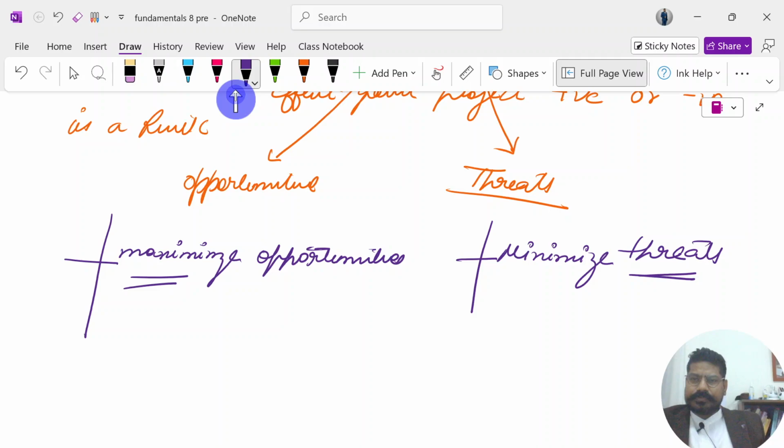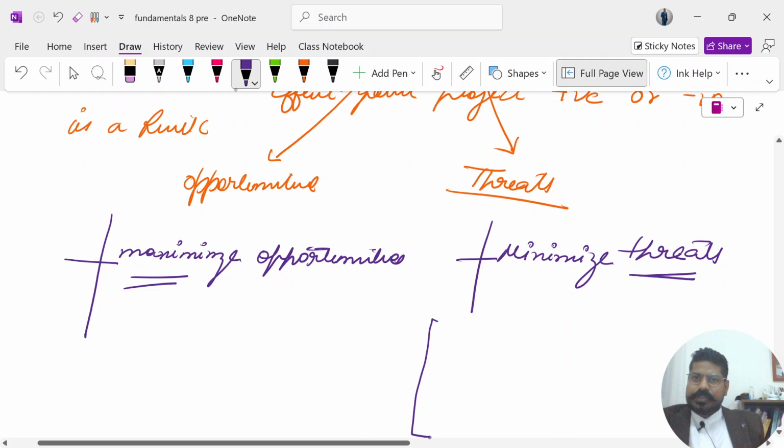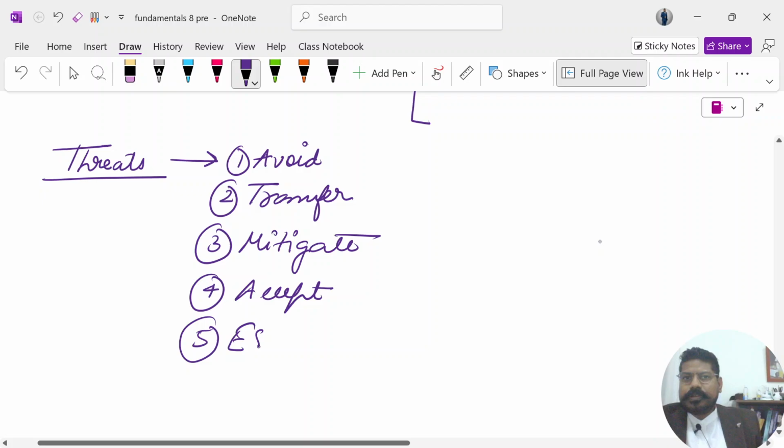So, in order to minimize threats, you have these tools: avoid, transfer, mitigate, and then accept and escalate.